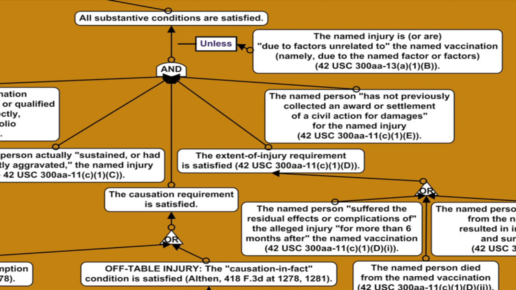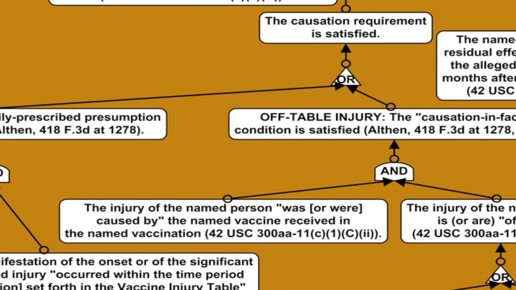Language such as the named injury or the named vaccination, as you see it in this tree, will be replaced when we model a particular case by the particular injury claimed and the date of the particular vaccination. So this rather awkward language in the tree is really designed to produce acceptable English sentences once substitution occurs for key variables. Now let's look more closely at the causation requirement.